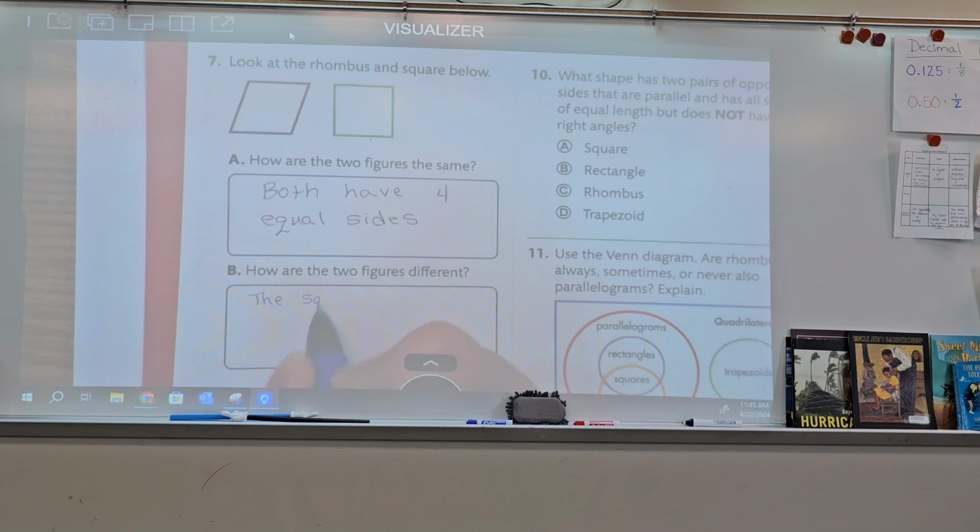How they are different is the square has 4 right angles, or 4 equal angles, but the rhombus doesn't have right angles.